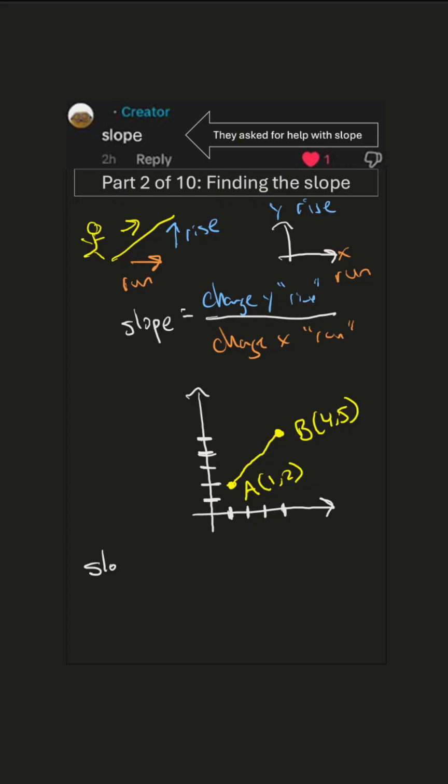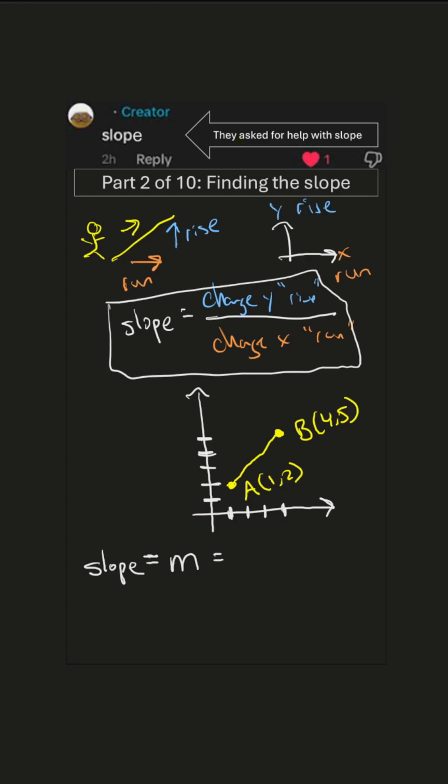So now the slope we normally call m. So m is the slope. And that'll be, we'll use our formula here, the change in y. So we look at the y values. B has a y value of 5. A has a y value of 2. So 5 minus 2 over the x values, the run.